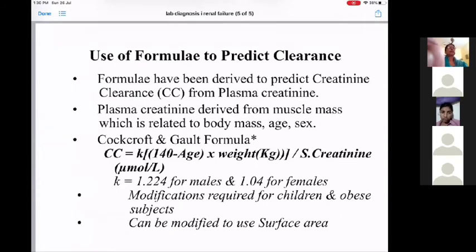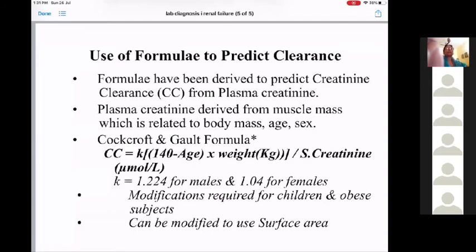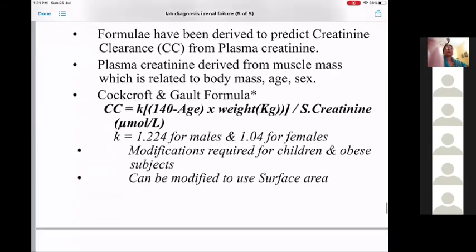K is a constant: 1.224 for males and 1.04 for females. That is the Cockcroft-Gault formula, and it can be modified to use surface area also.